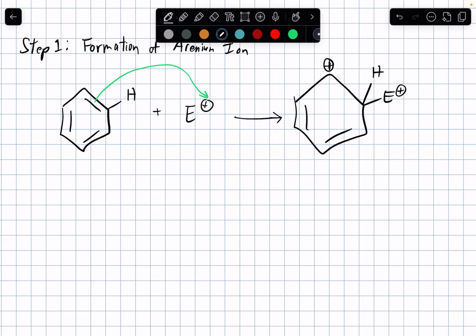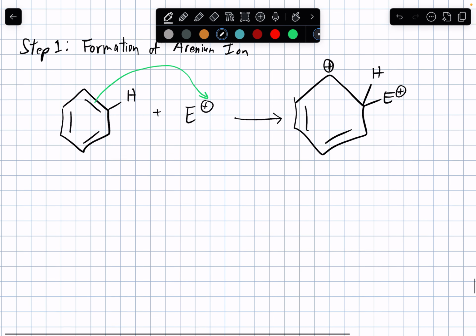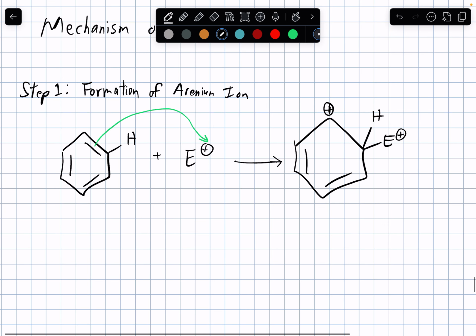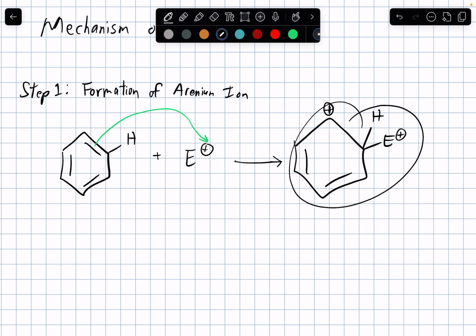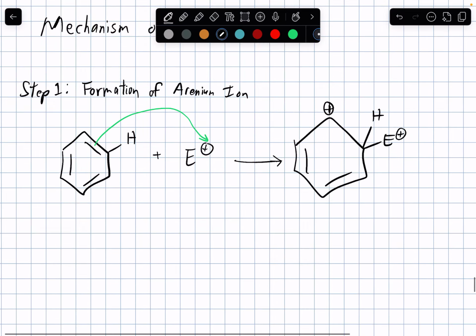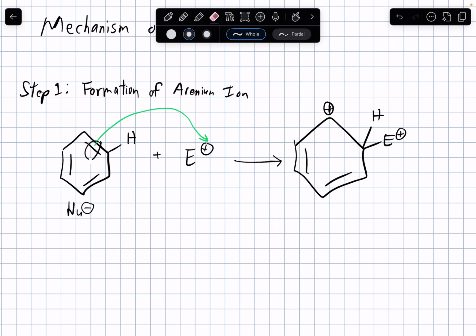So, yeah. And then, what is generated after step 1? The arenium ion. It's actually this one. An arenium ion is resonance stabilized. In other words, it can be delocalized. The benzene acts as the nucleophile, no? It uses its pi electron to attack the electrophile.